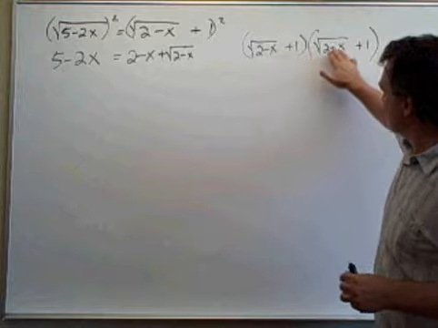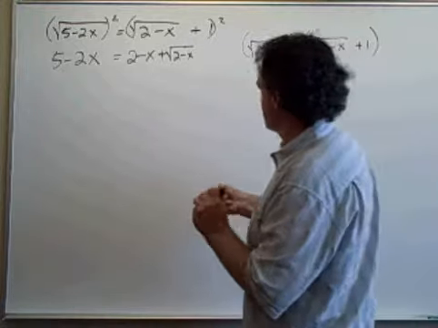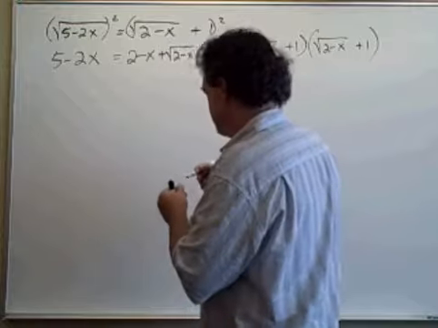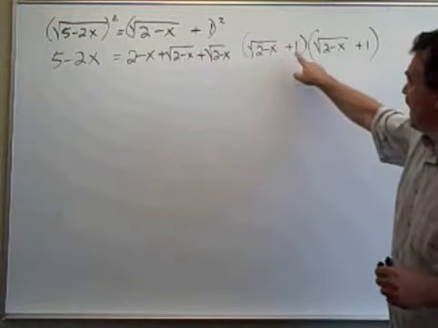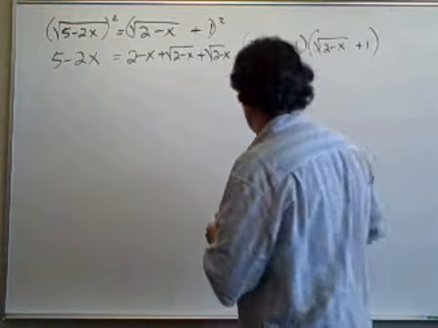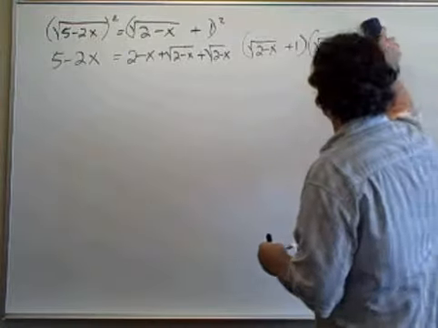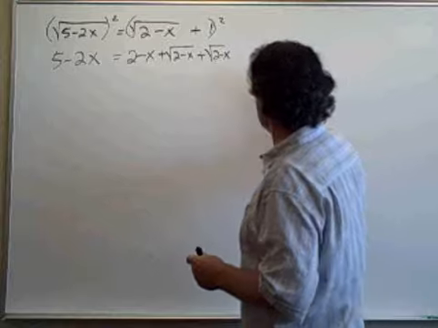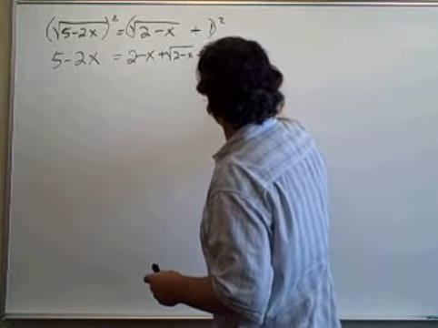The I of FOIL is also going to give us plus the square root of 2 minus x. And the L of FOIL is simply going to give us plus 1. Take out that pair of binomials that I simply put there so that we can think our way through the multiplication.